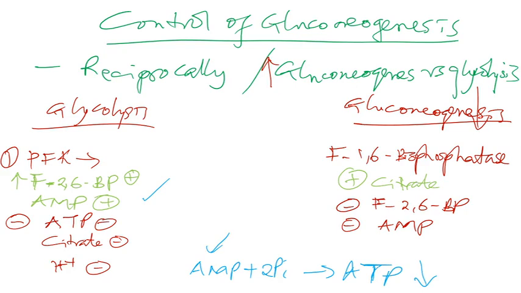And therefore, we need to activate glycolysis so that we can increase the level of ATP. But if we have a low level of AMP, then it means that the level of ATP is very high, and therefore we need to block gluconeogenesis so that we do not make more ATP. So that is how you can look at it.